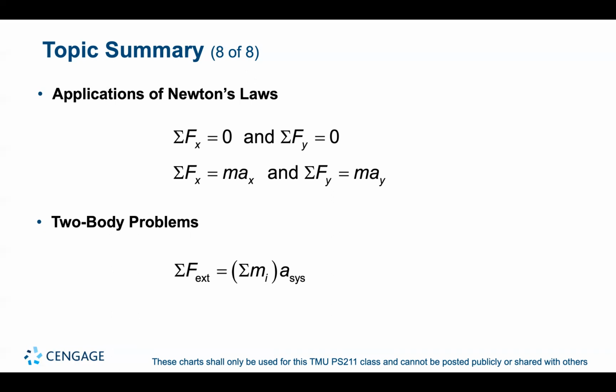The system approach involves only forces external to the system, not internal forces between the 2 bodies forming the system. Internal forces must be found by applying the second law to individual bodies in the system.